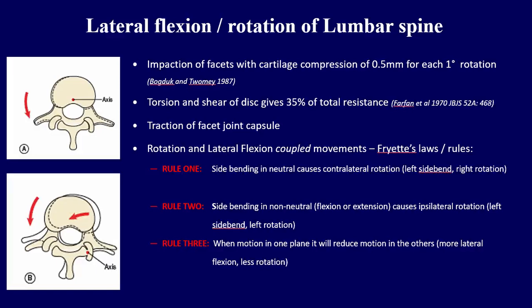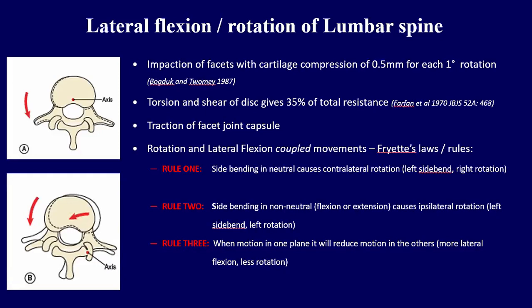But essentially, in a neutral position, contralateral rotation will occur. So with a left side bend, you will see right rotation. In a non-neutral position, that is either flexion or extension, you will see the movements on the same side of the body.